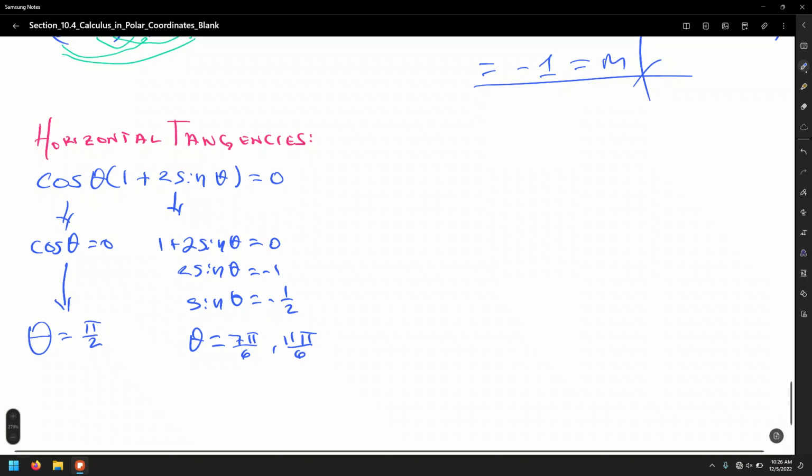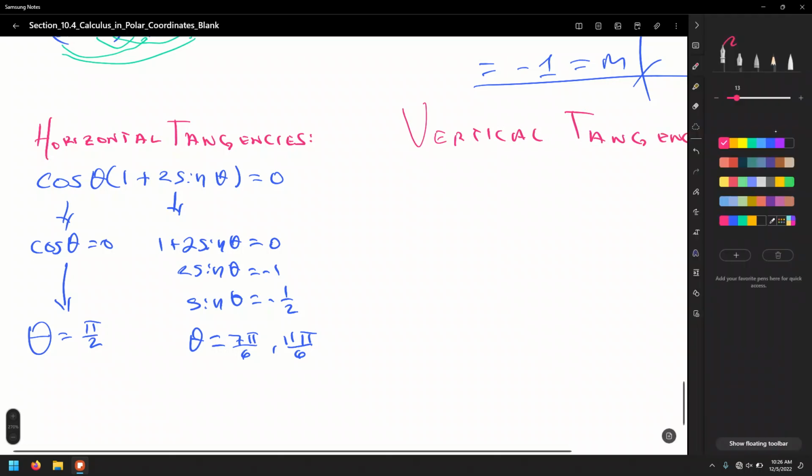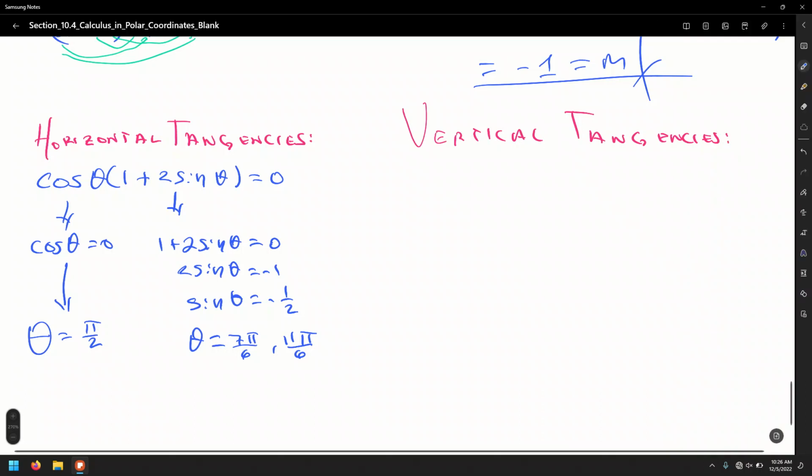And for vertical tangencies, we would need to set in this case the denominator, 1 plus sine theta cosine theta. Wait a minute, no, it's 1 minus 2 sine theta equals 0.